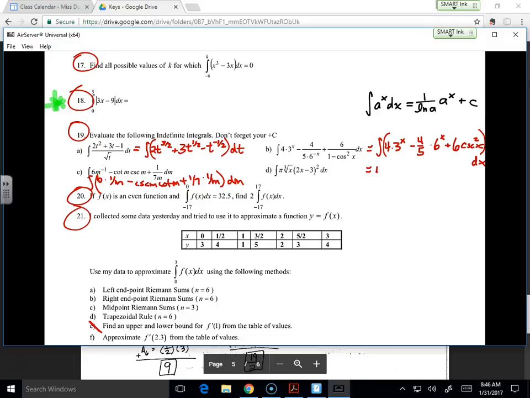That would be 4 over ln of 3 times 3 to the x minus 4 over 5 ln of 6 times 6 to the x minus 6 cotangent of x plus c.